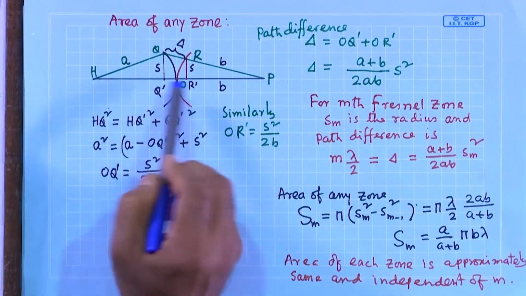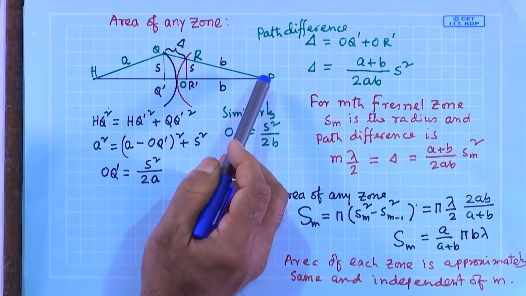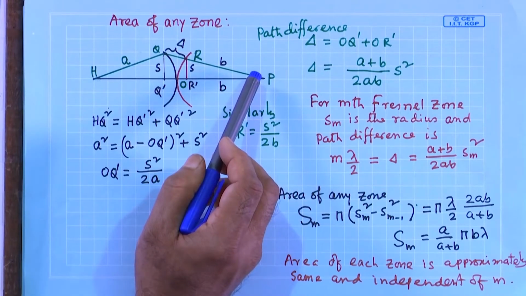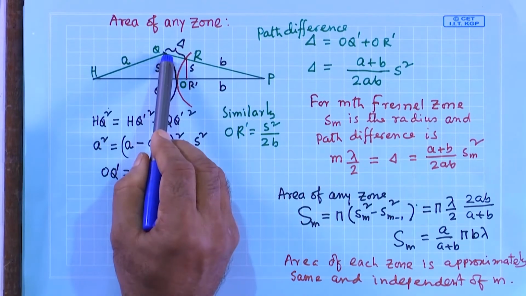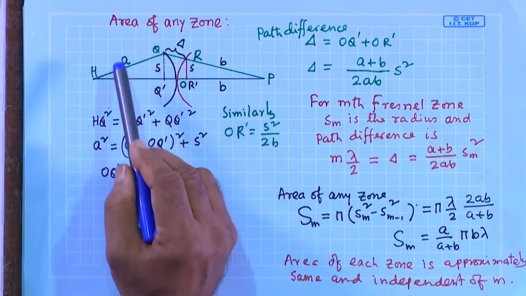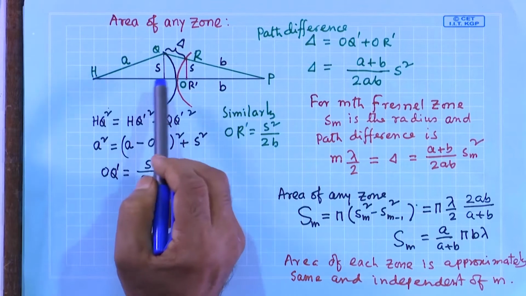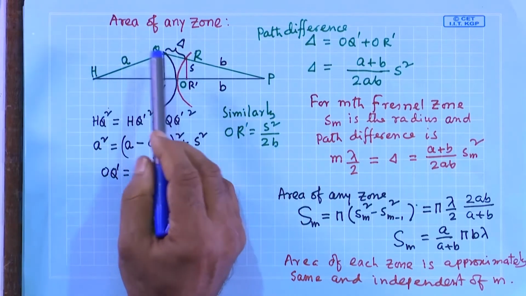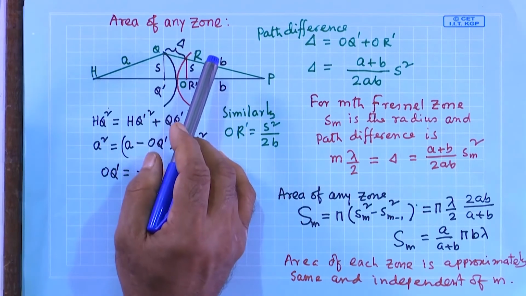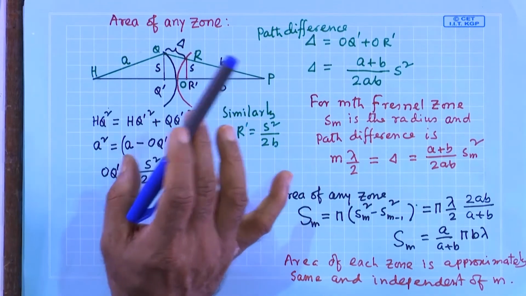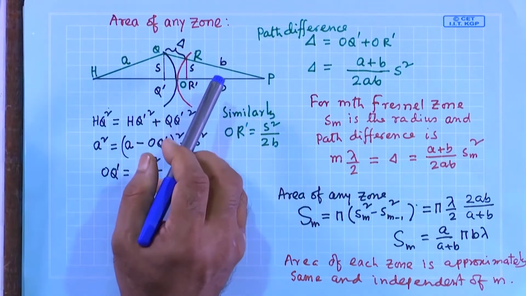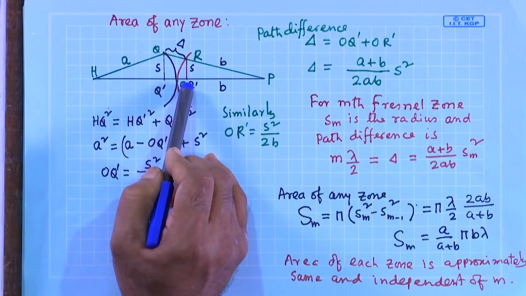A and B are very large compared to S. What is S? From the center, it is basically the radius of the concentric circle drawn, but it is difficult to say the radius.